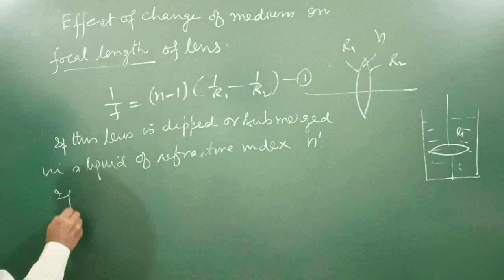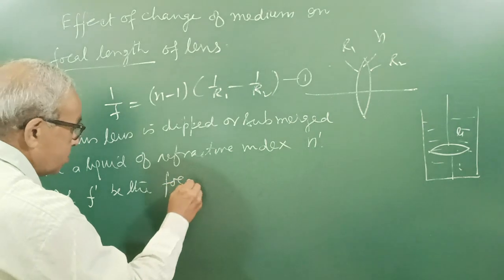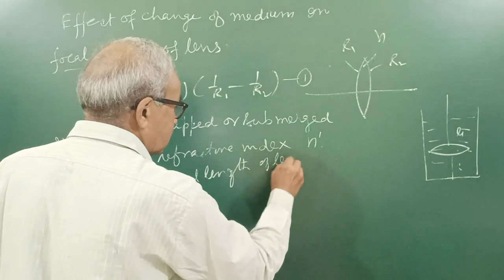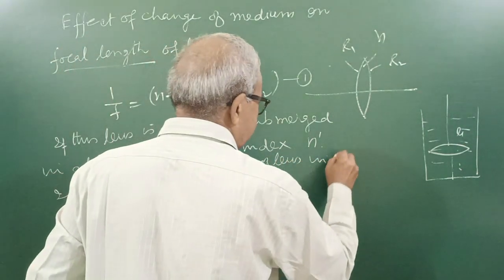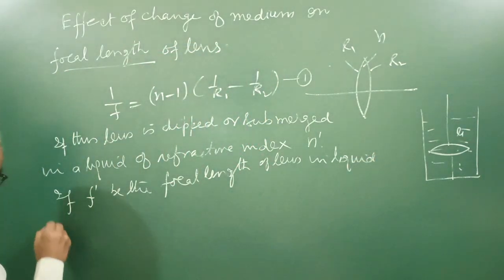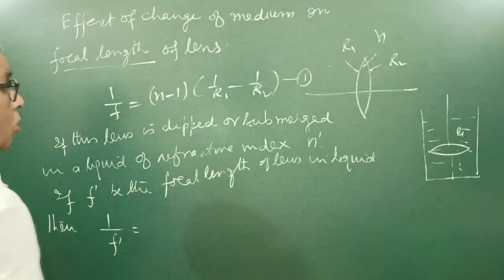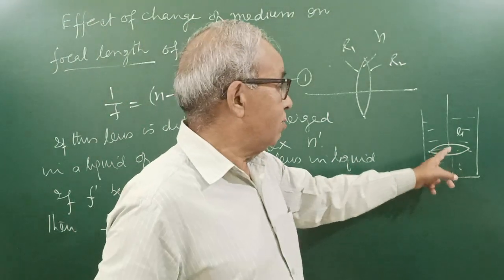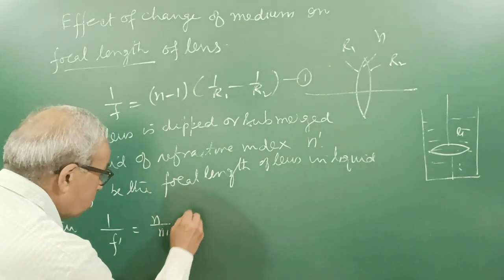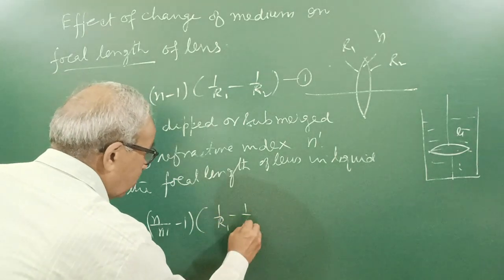So if f' be the focal length of the lens in liquid, then 1/f' equals, we need the index of the lens with respect to liquid, and I have told you it is equal to (n/n' - 1) into (1/R1 - 1/R2).